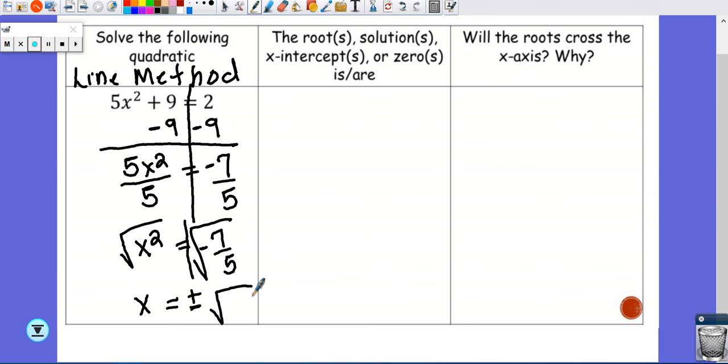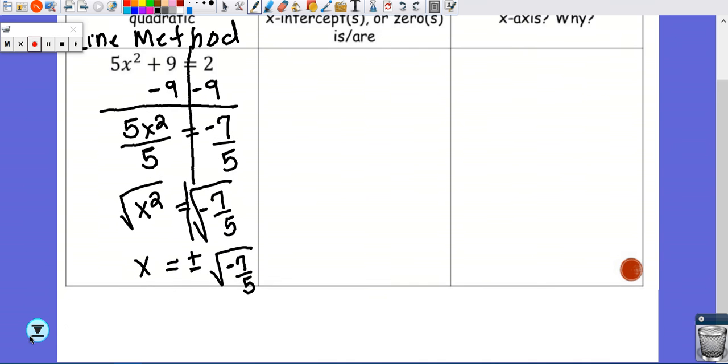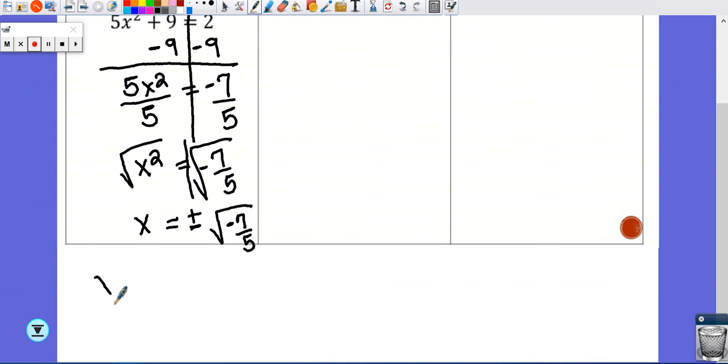So I say plus or minus the square root of negative 7 over 5. Then x equals the positive square root of negative 7 over 5, or x equals the negative square root of negative 7 over 5.